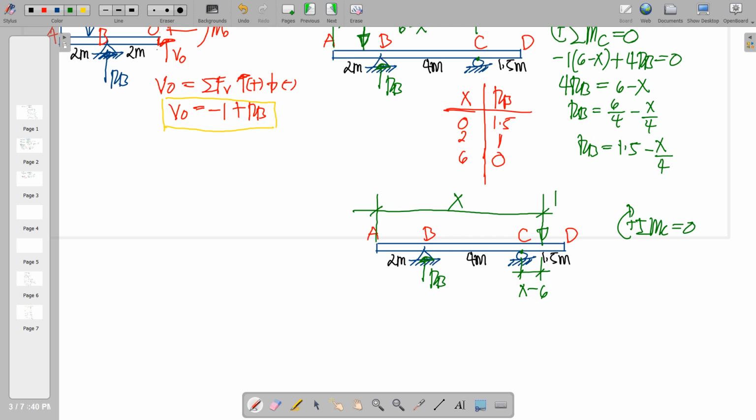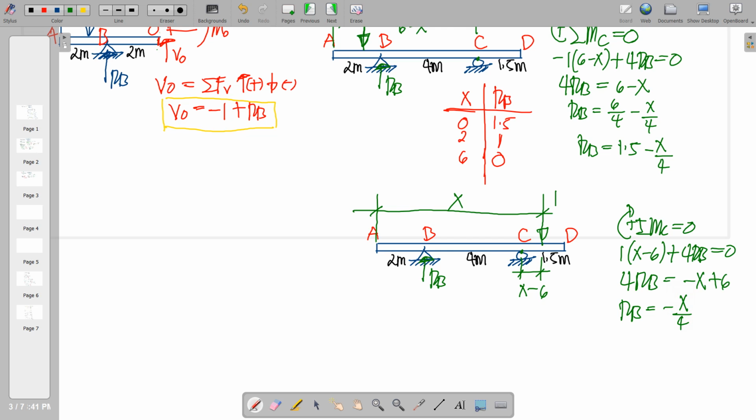So that is x minus 6. So 1 will have a clockwise moment, so that is positive times the moment arm. Plus for RB, that is equal to 0. So for RB, we transpose this to the other side, it becomes negative x plus 6. Dividing both sides by 4, we have RB equal to negative x all over 4.